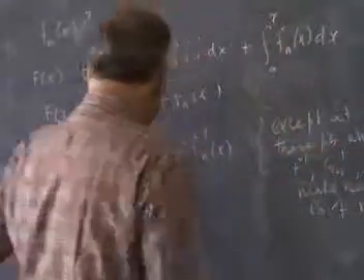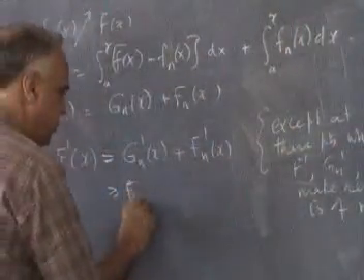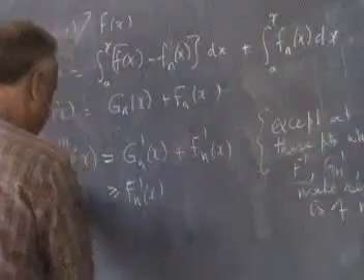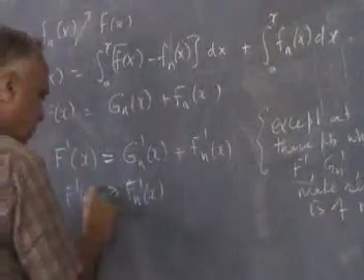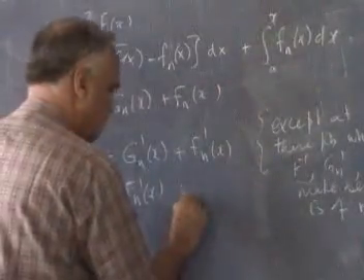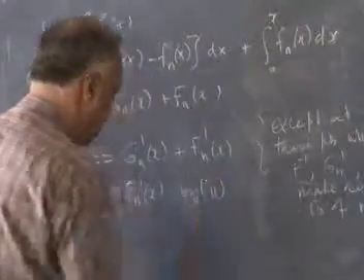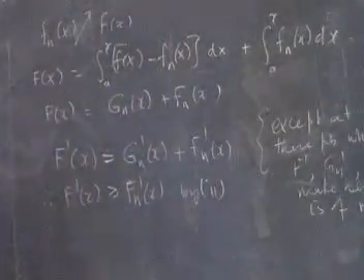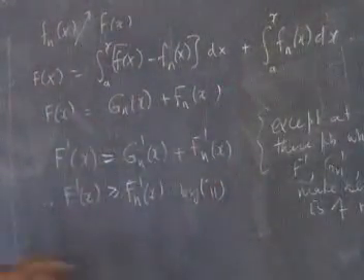So by 2 this is greater than or equal to 0, because G_n prime exists. And for every n we can do this. True for all n.